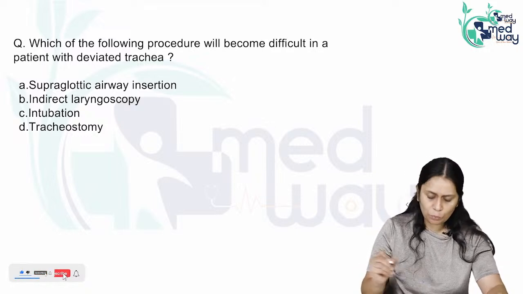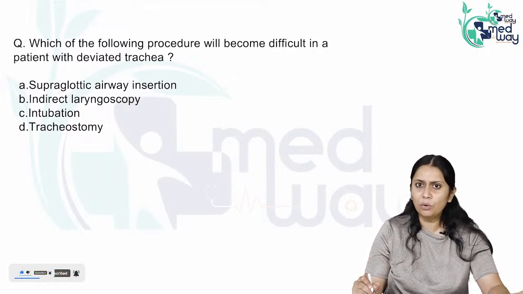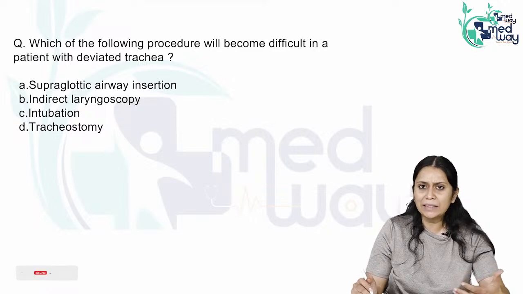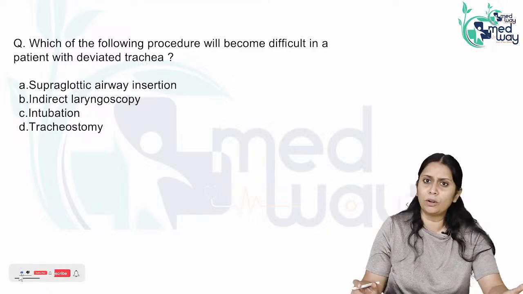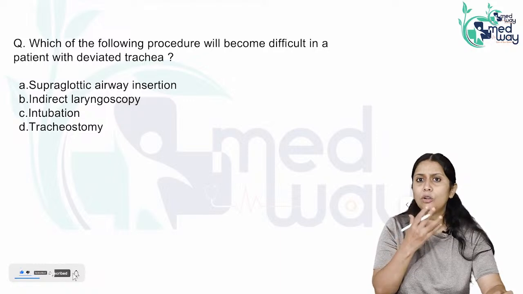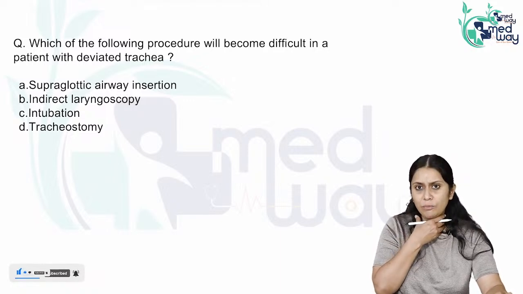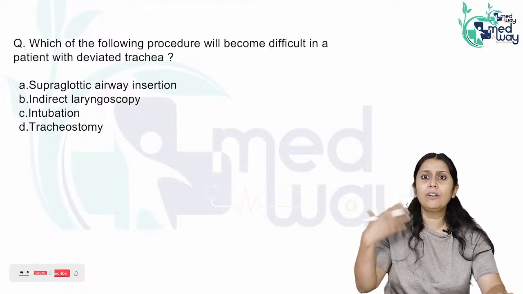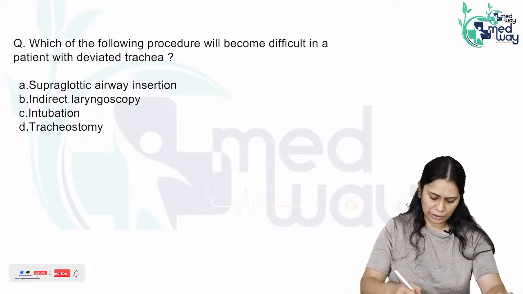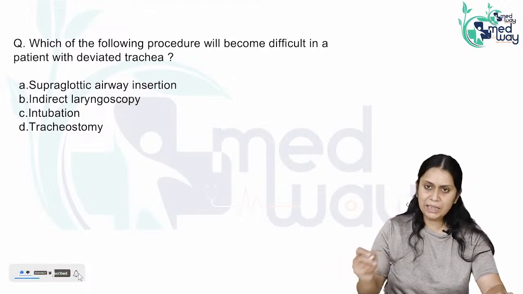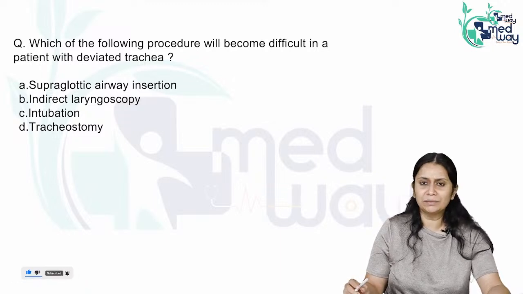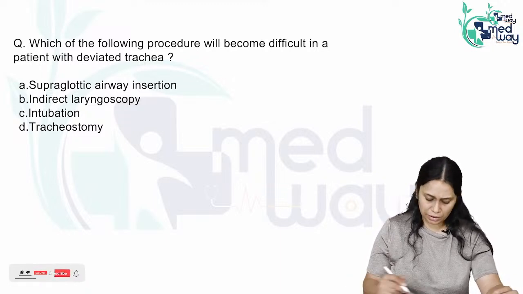So supraglottic airway insertion, we don't need any view for it. We just need a good mouth opening, adequate neck movement, no neck pathology for supraglottic airway device insertion. So it would not be difficult. Then indirect laryngoscopy, not difficult in case of deviated trachea.